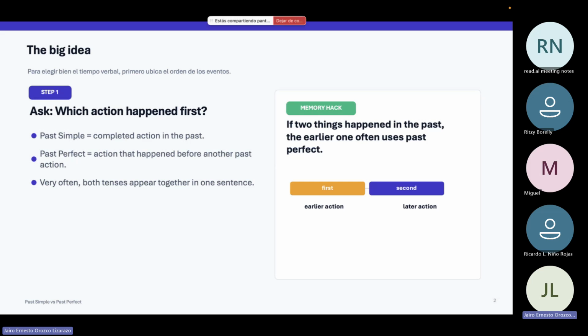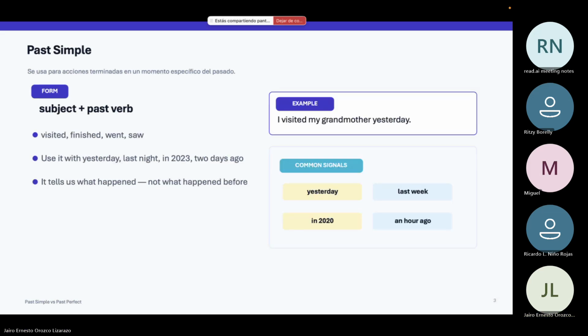So if two things happened in the past, the earlier one often uses past perfect. The other one, the one that comes after, is usually in past simple, usually, not all the time. Okay. So for example, past simple is used for an action that finished at a specific time in the past.